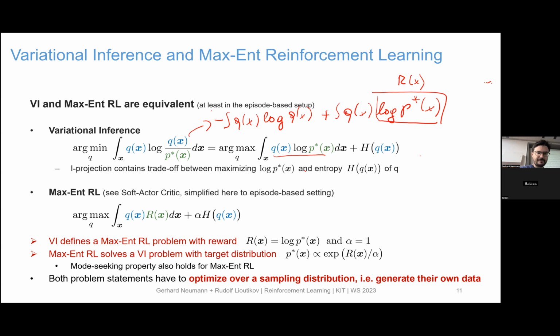And this term here is also something we already know. Who can recognize this term? Yeah. It's the entropy of Q, exactly. So this is the entropy of Q. And talking about entropies and reinforcement learning, which formulation was that?